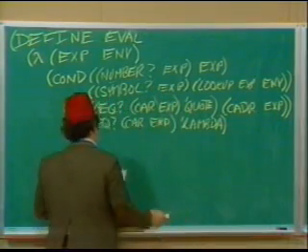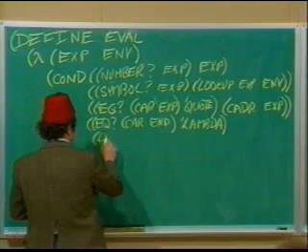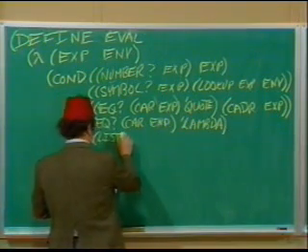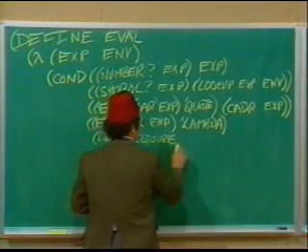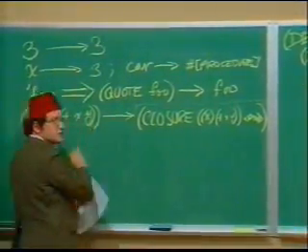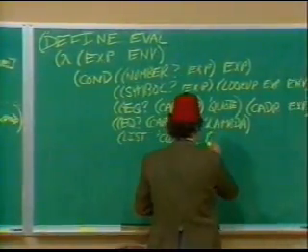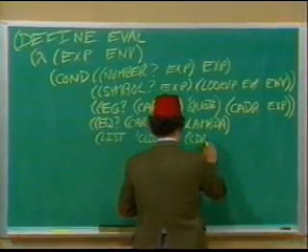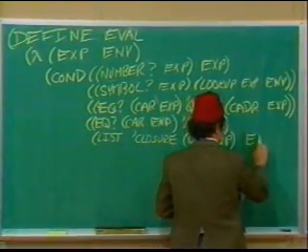then what I'm going to put here is I'm going to make a list of closure, the cdr of the procedure description, which is everything except the lambda, and the current environment.